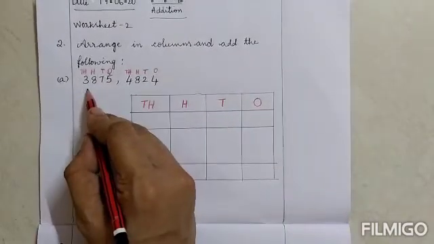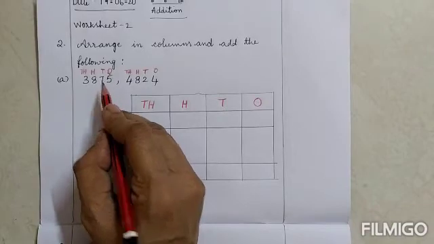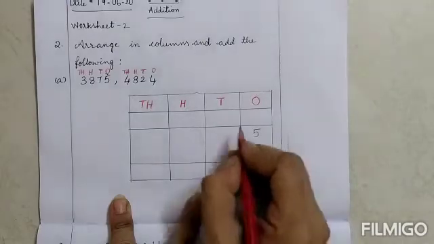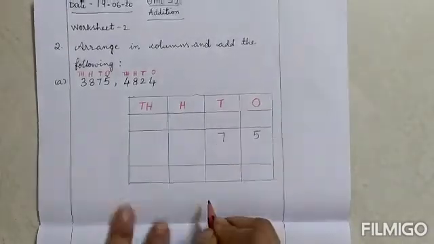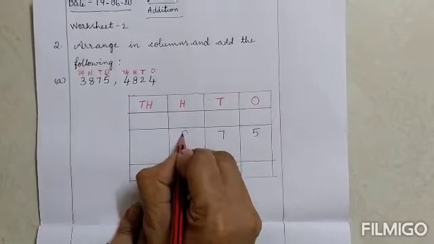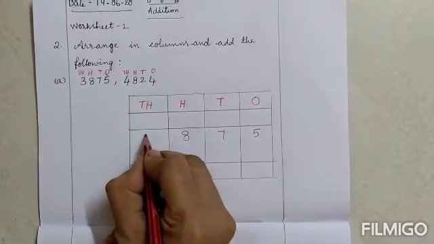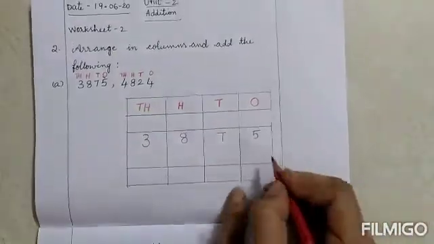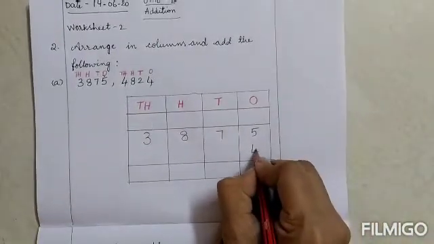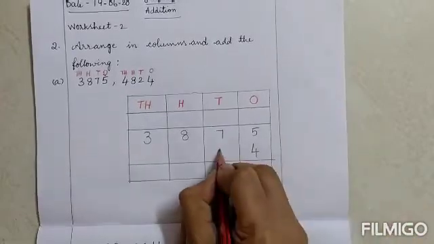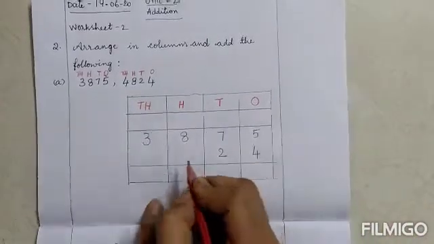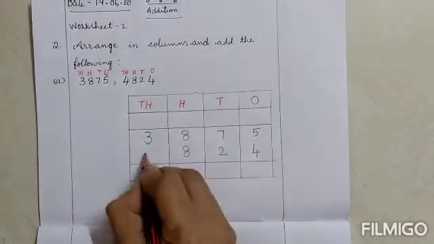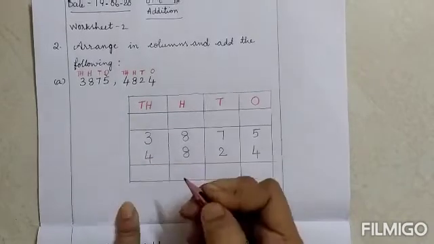Now the first number is 5 in ones place, then 7 in tens place, then 8 in hundreds place, and 3 in thousands place. Next, the second number: 4 will be in ones place, 2 in tens place, 8 in hundreds place, and 4 in thousands place.